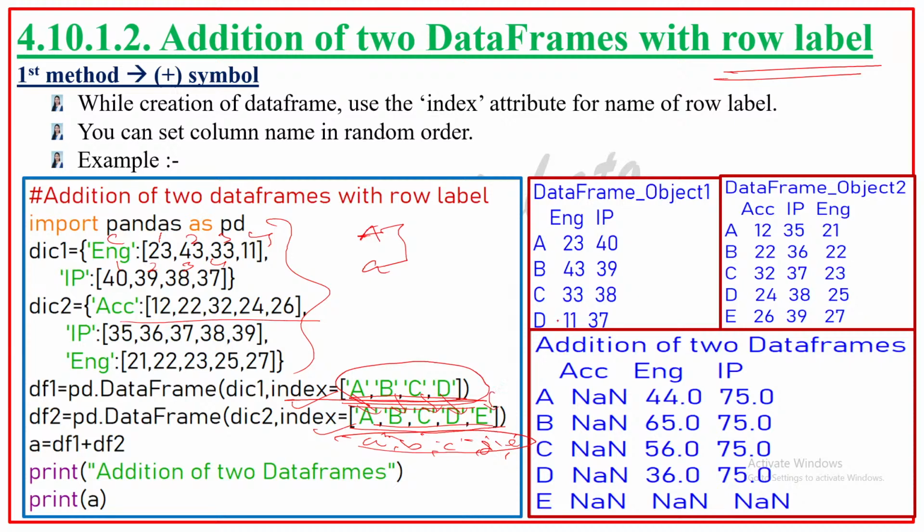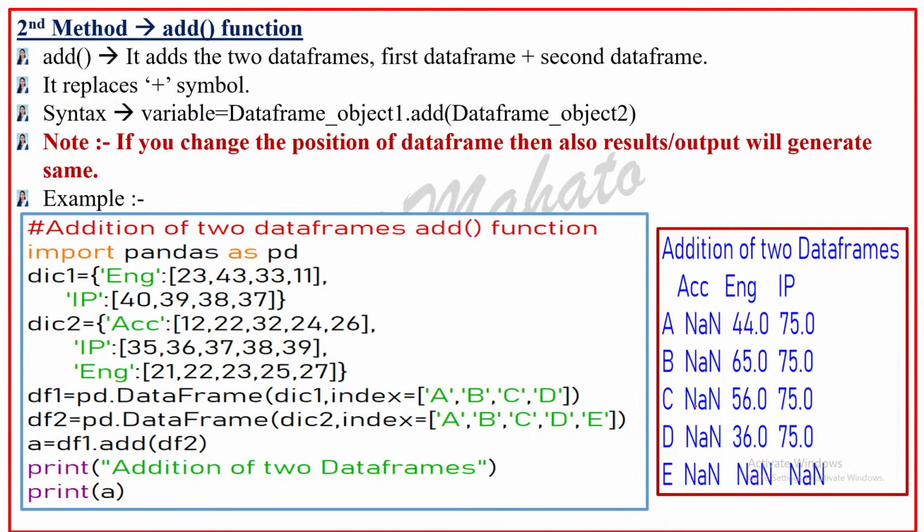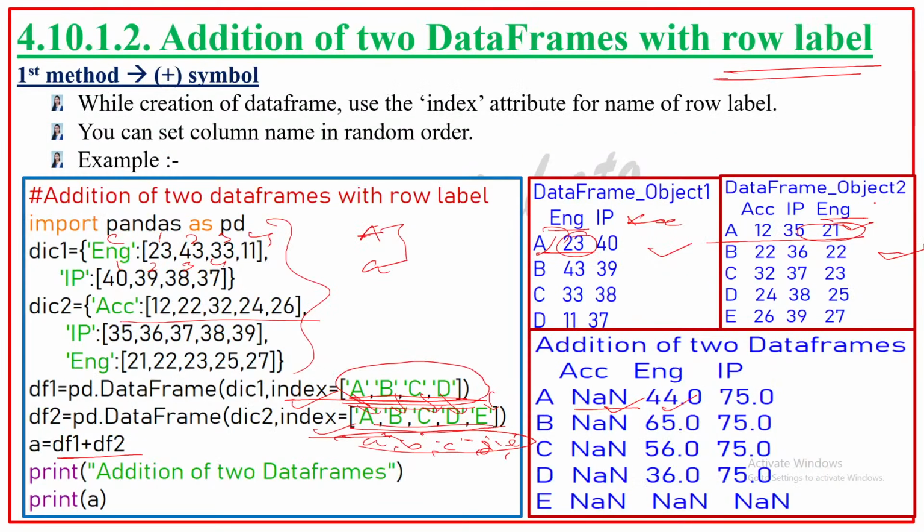Now look here, this is our first English A 23 marks, English A 21 marks. Now you can see NaN here, which is a missing value. This is the first method with row labels; without row labels we have seen.